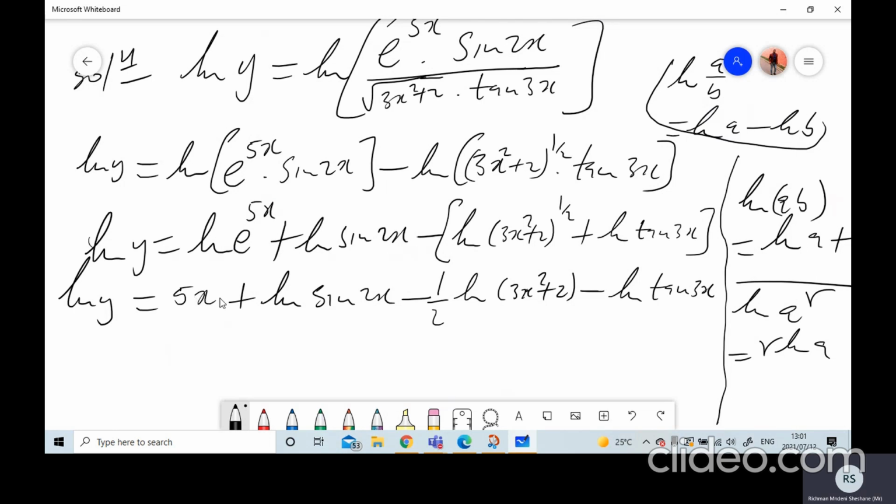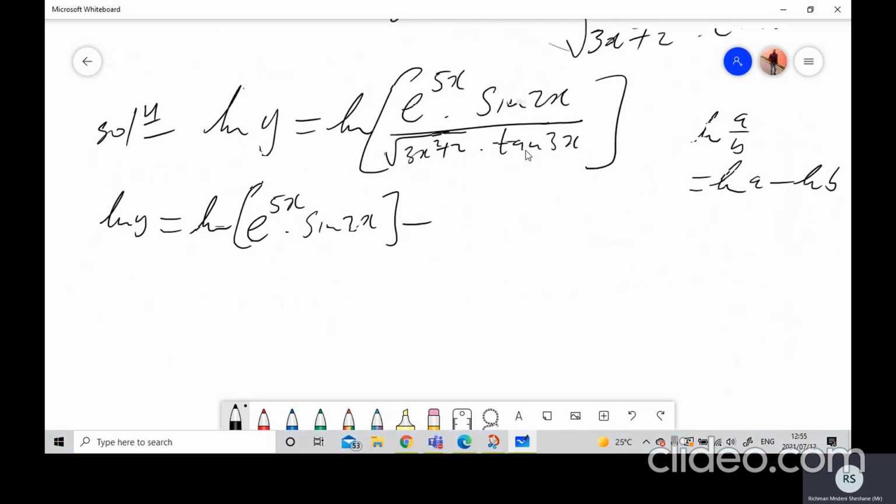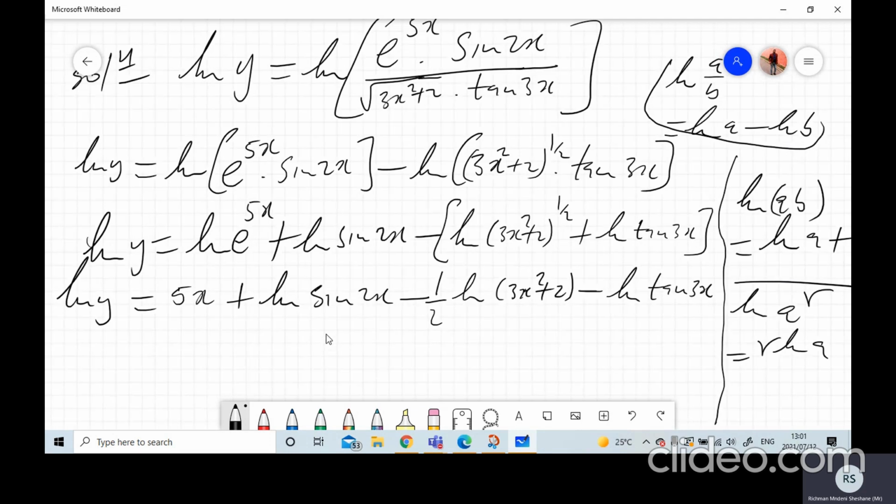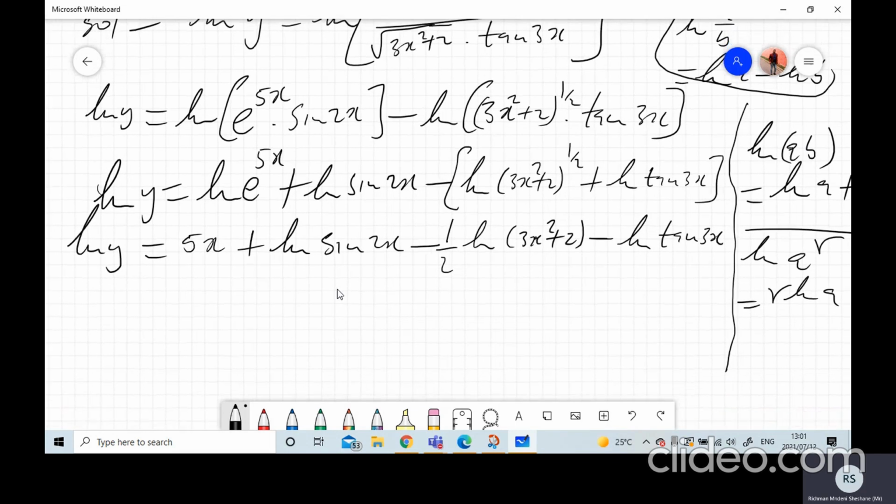So 5x times 1. And we return the second term, ln of sine 2x, minus, we also apply this log property, we take this half down. At the same time, we multiply by negative inside, and then multiply the negative to the second term. So it will be negative here. So based on our differentiator, we will still apply the log properties.